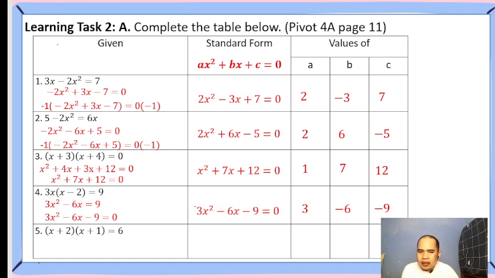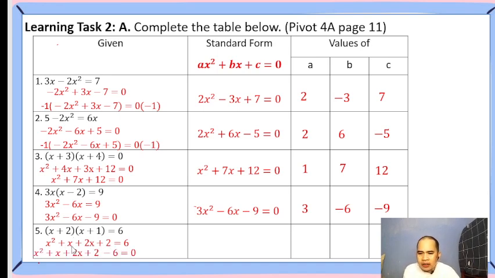Okay, next. Sa number 5, ganun din ang gagawin natin. This is in factored form. Gamitan pa rin natin ng FOIL method. So, we have here x times x, x squared, x times 1, x, 2 times x, 2x, 2 times 1, 2, equals 6. Okay, so yung 6 natin nasa kabilang side ng equation. I-transpose lang natin sa kabila or apply the addition property of equality. Then, combine din natin itong common terms.